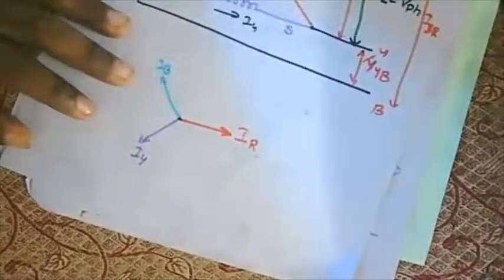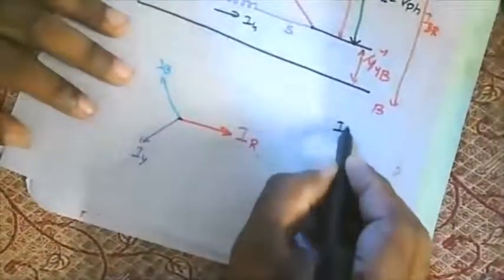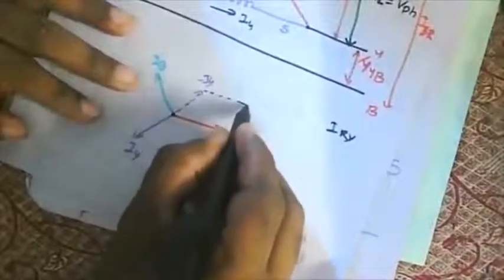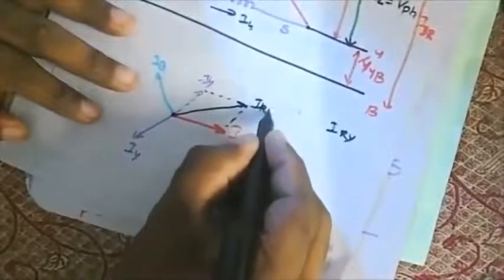What is the first one? First one is IRY. What is IRY? IR minus IY. So minus IY is this one. If I complete the parallelogram, what I will get is known as IRY.